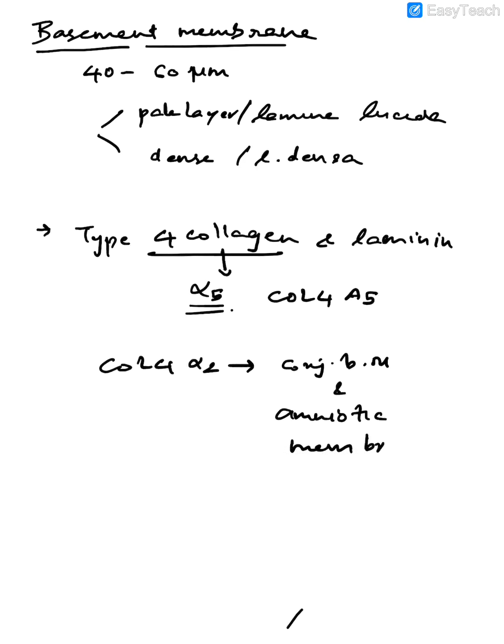So basically the collagen which is found in the basement membrane of cornea, conjunctival basement membrane and amniotic membrane is collagen 4, but the subdivision varies: alpha 5 is present in the corneal basement membrane, and alpha 2 is present in conjunctiva and amniotic membrane.